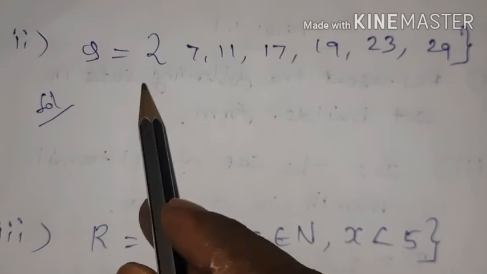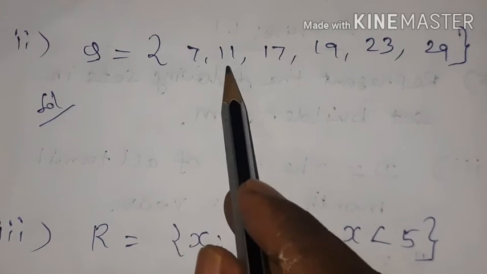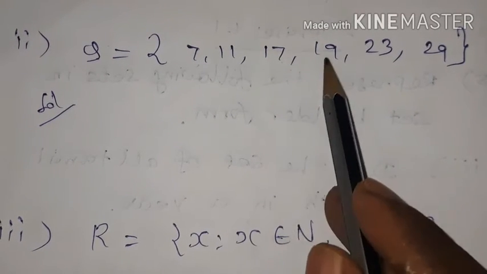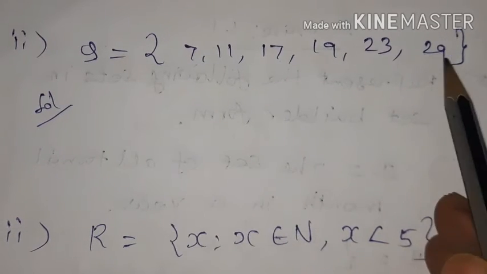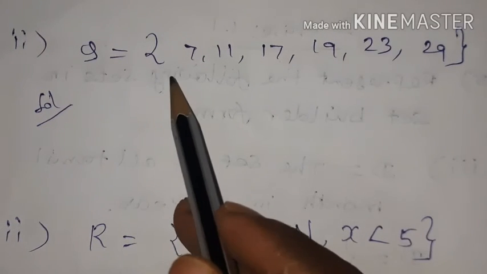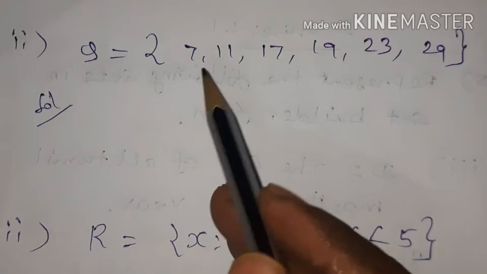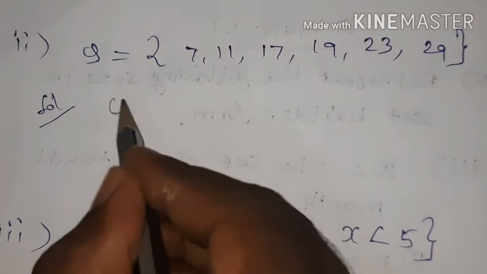Second sum: Q is equal to 7, 11, 17, 19, 23 and 29 is given. This is a roster form. We want to change it to descriptive form.